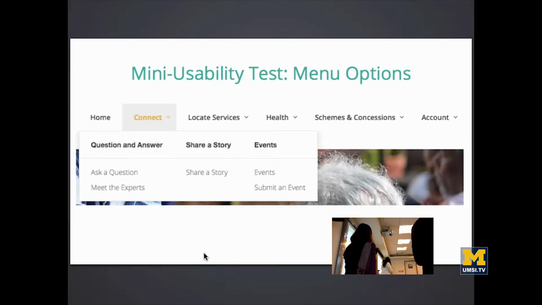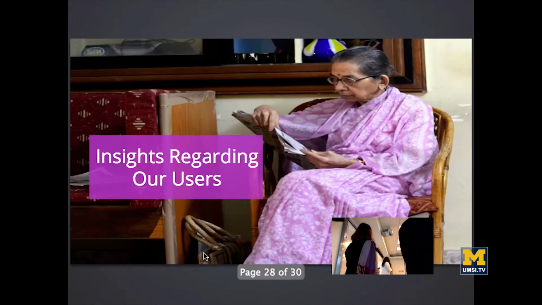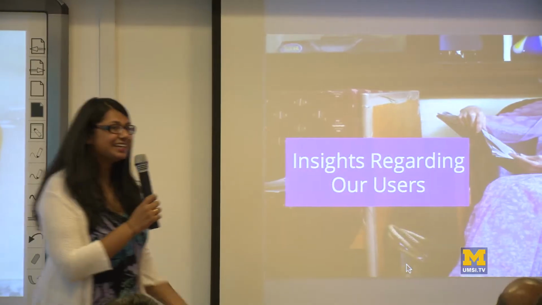This is why our menu has these specific buttons: Connect, Locate Services, Health, Schemes and Concessions. These were important issues that they could click on. When you click on it, it doesn't go to a landing page, but it will do the drop down, and then you can also see the subcategories. Okay? I will pass it on to Anna, who will go over insights and future.